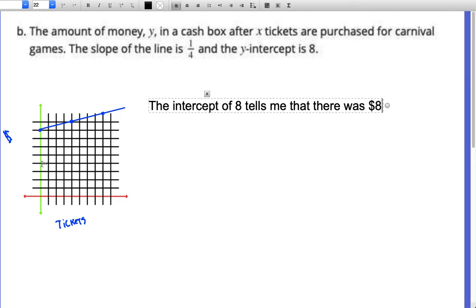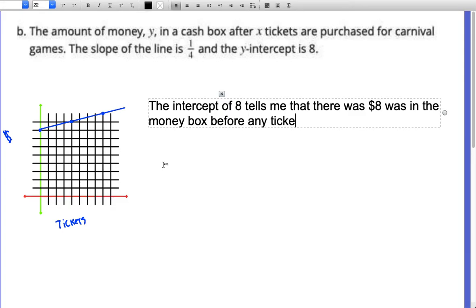Because this axis measures money, measures the dollars, and so it tells me $8 was in the money box before any tickets were sold. So we started out with $8 in the money box.